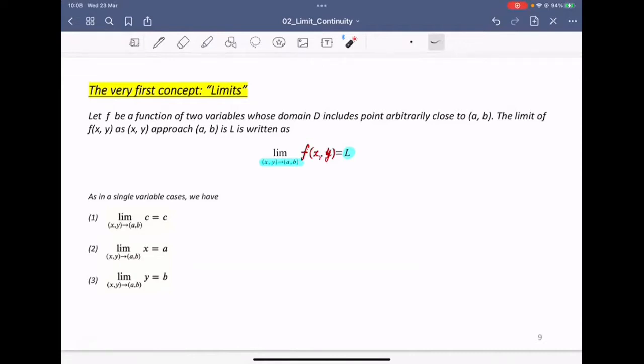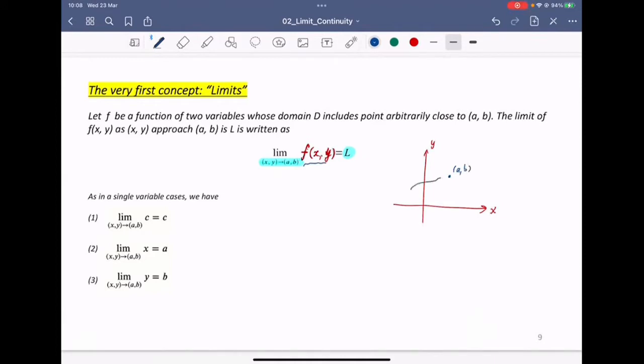So to compute the limit here, what are you trying to compute? You're trying to compute the behavior of f(x, y) where (x, y) goes to (a, b). Basically, you have to think in your head that you have a plane xy and you're trying to compute the limit of f(x, y) where (x, y) approaches the point (a, b).